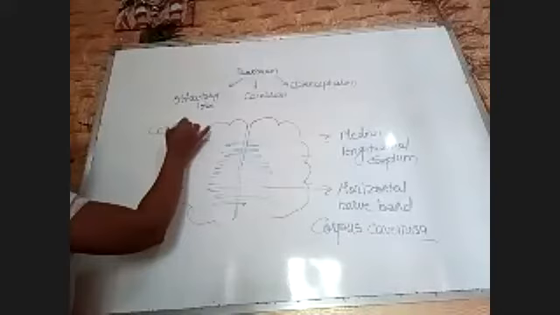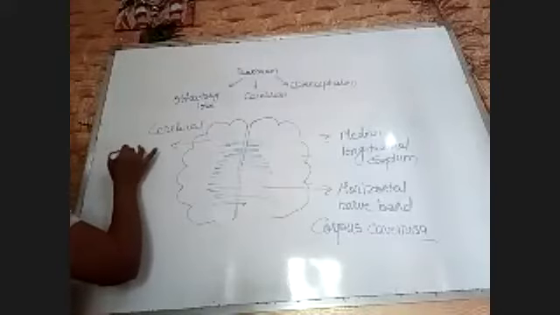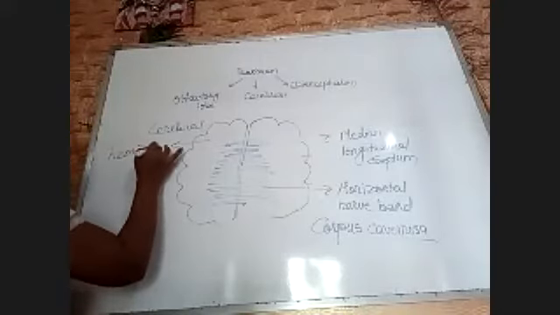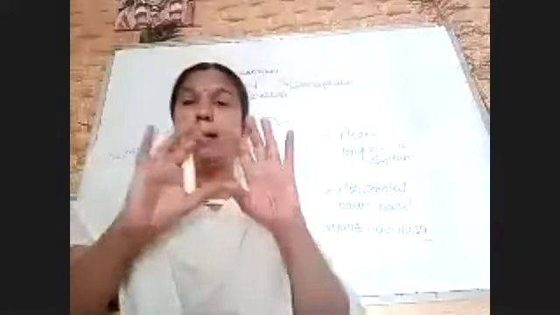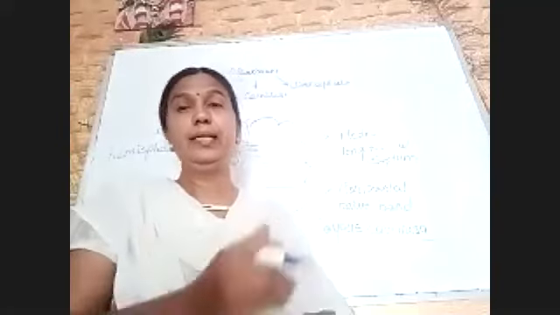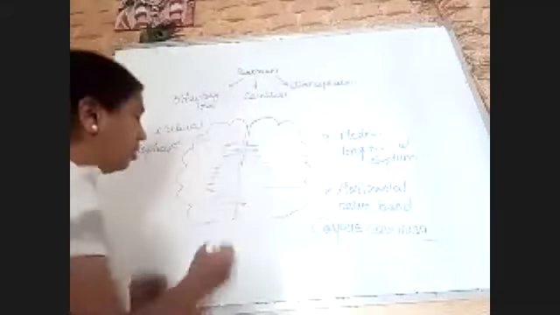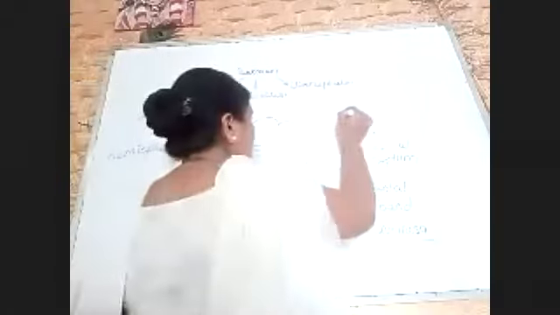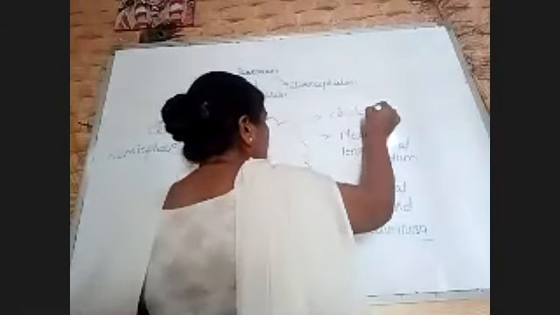Cerebral hemisphere. Okay, the outer part of the cerebrum is called the cerebral cortex.